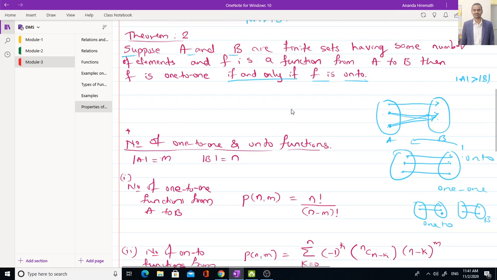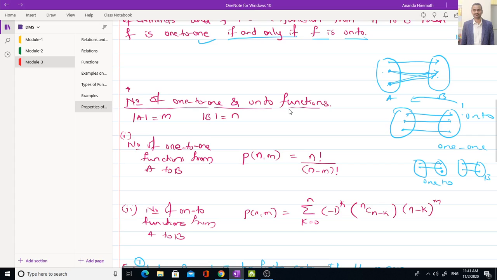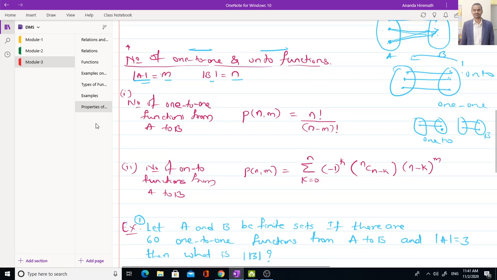That is the second theorem. Now let us discuss the formula for how to find the number of 1 to 1 functions and onto functions. Suppose we have m as the number of elements in A and n as the number of elements in B. Now, the number of one-to-one functions from A to B is given by permutation of n comma m, and the formula will be n factorial divided by n minus m factorial.